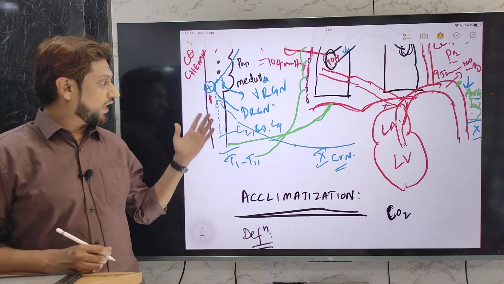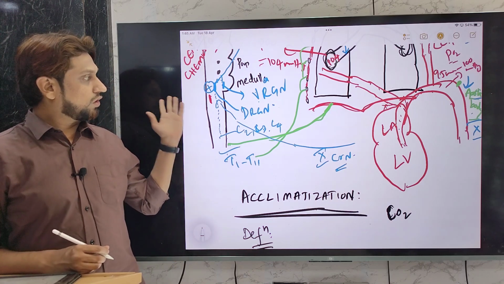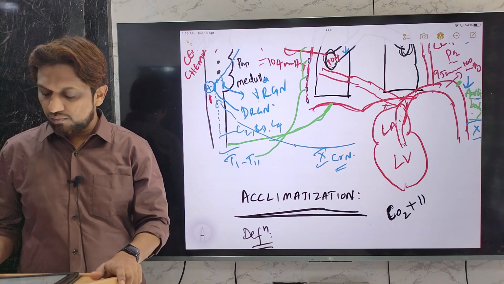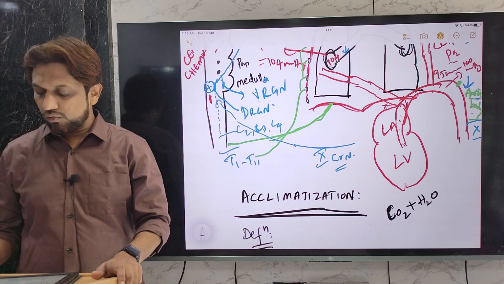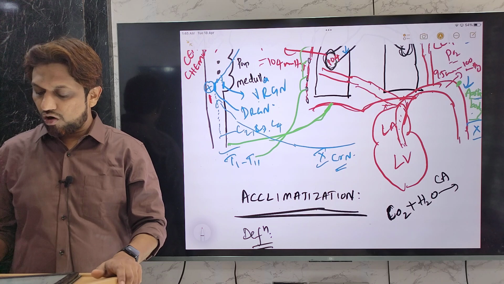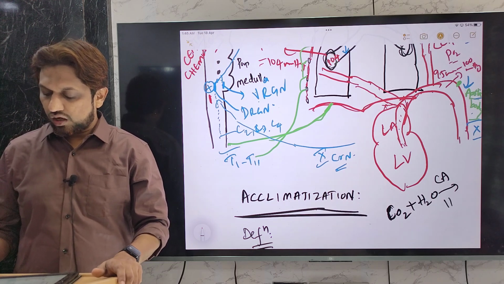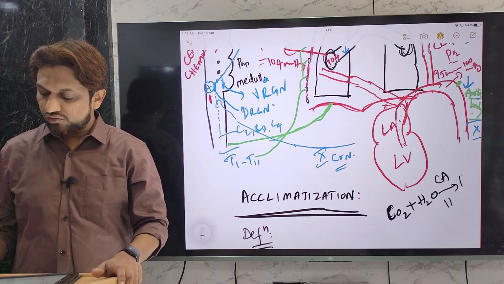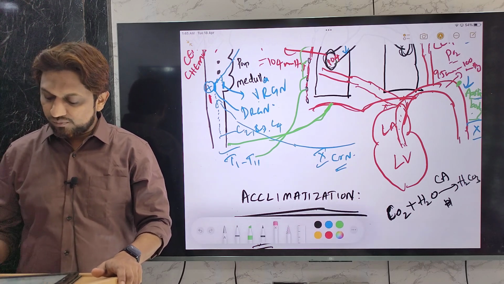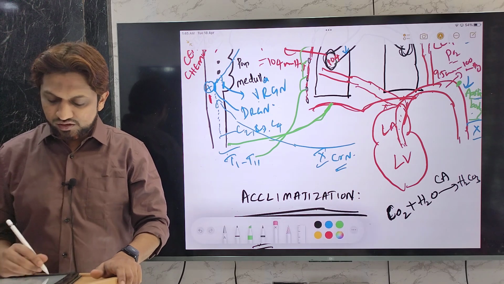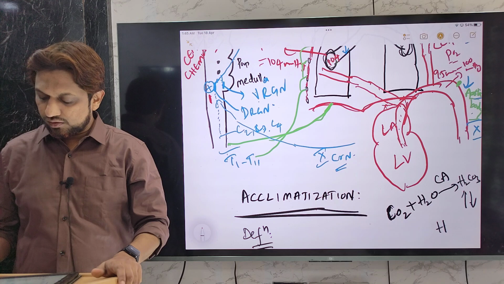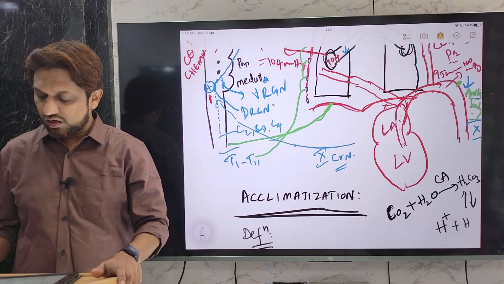Carbon dioxide crosses the blood-brain barrier and enters the CSF. In the CSF, carbon dioxide combines with water with the help of an enzyme known as carbonic anhydrase, and forms H2CO3, that is carbonic acid. By a reversible reaction, this carbonic acid is converted into H plus ions and bicarbonate ions.